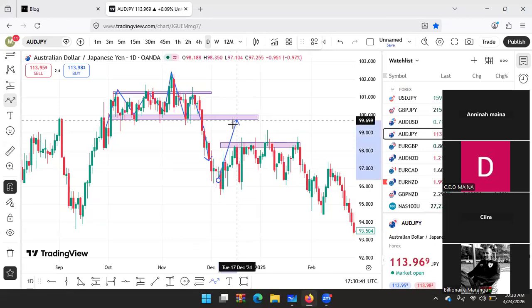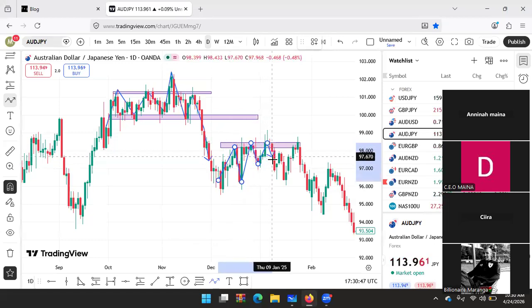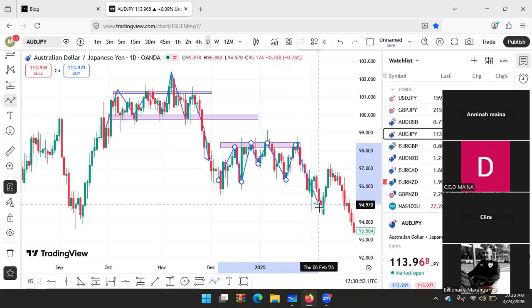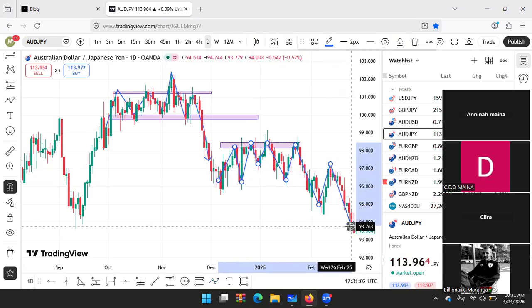You can see we have a confirmation of the first touch, a second touch, a third touch, and a fourth touch. We said once the market has more than 3 touches, it is no longer a confirmation candle, but the market is in a consolidation.